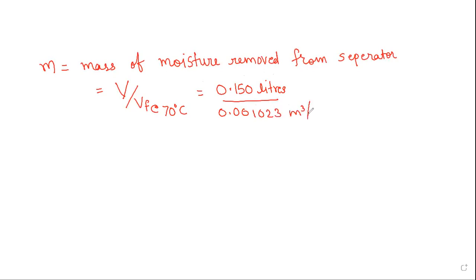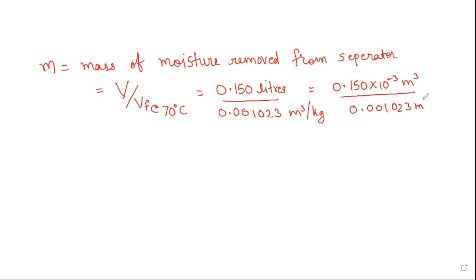Now, if you want to solve this, we need to convert the liters into meter cube in the numerator. And how do you do that? For that, you just multiply it with 10 raised to minus 3. So 1 liter is 10 raised to minus 3 cubic meter. This is 10 raised to minus 3 cubic meter upon 0.001 something. Okay.